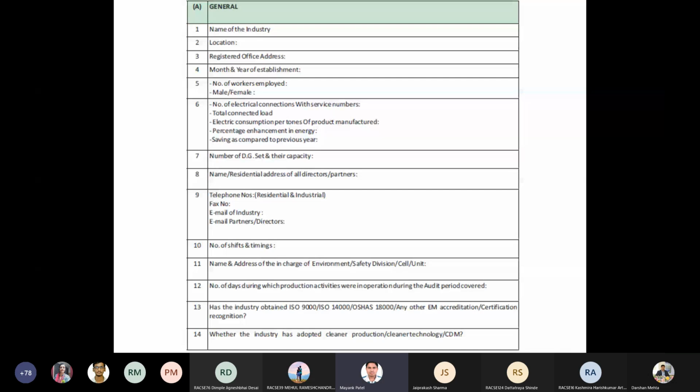If any details are there, you can mention them here also, so it will communicate the image of the industry to the reader of the audit report. Number of workers, male and female, and the details thereof. All these details related to general company details are under this section. Then how many days the production activities were in operation is also required, which is very much essential.